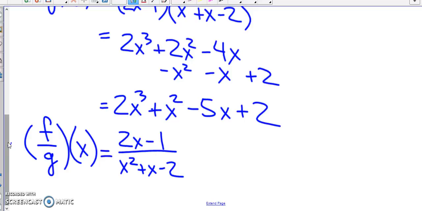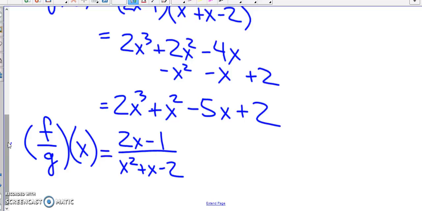What's the domain of that one? Is it all real numbers? Not necessarily, because what do you have to worry about? Division by 0. So what would probably be the easiest way to figure out where division by 0 occurs?